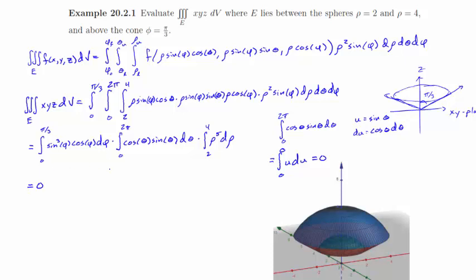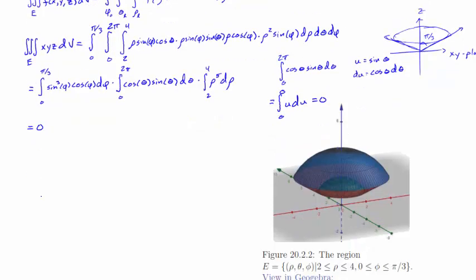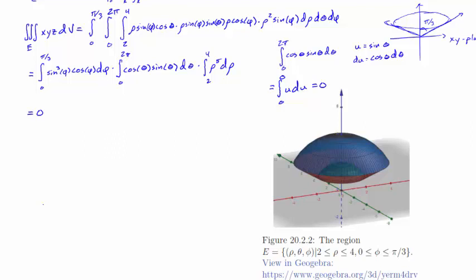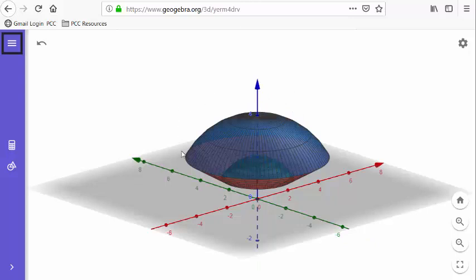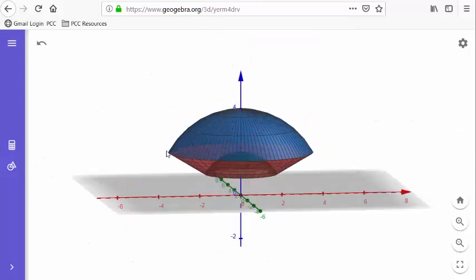Because we're going to end up multiplying by 0, I'm not even going to worry about doing any of the rest of the integrations because I know the middle integral is 0, and whether the others work out to 0 or some other constant, when I multiply by 0, we're still going to get 0. So again, the volume that we're looking at, which we see in this picture here, the volume is definitely not 0.